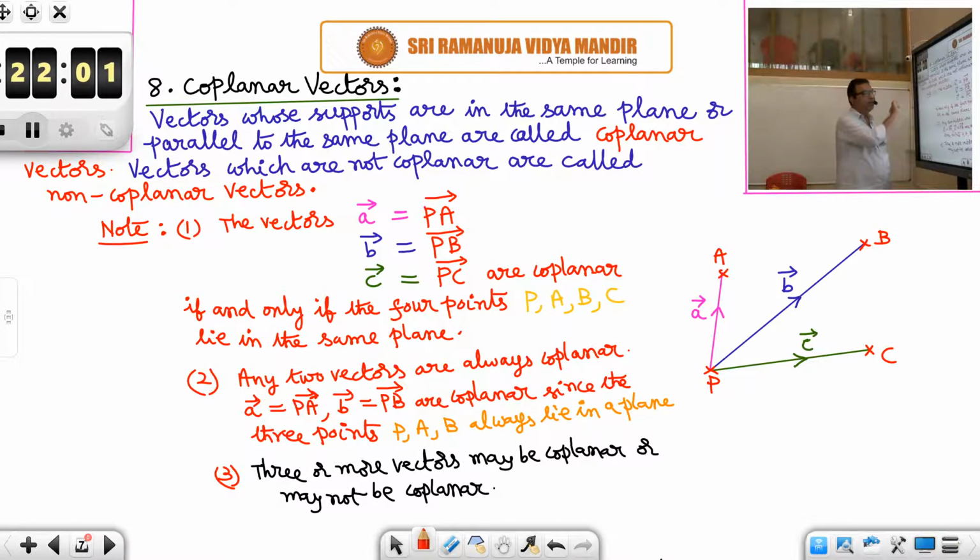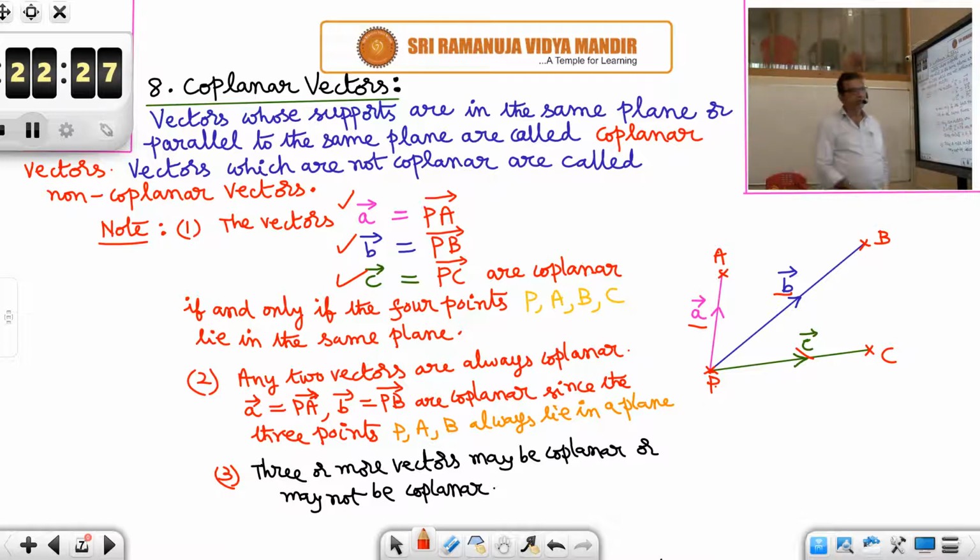Here, in the previous point we have shown that any number of vectors can be made co-initial. Suppose you take three vectors, A bar, B bar, C bar. So all their initial points can be taken at some point P. P is the common initial point. So PA bar represents A bar, PB bar represents B bar, PC bar represents C bar.